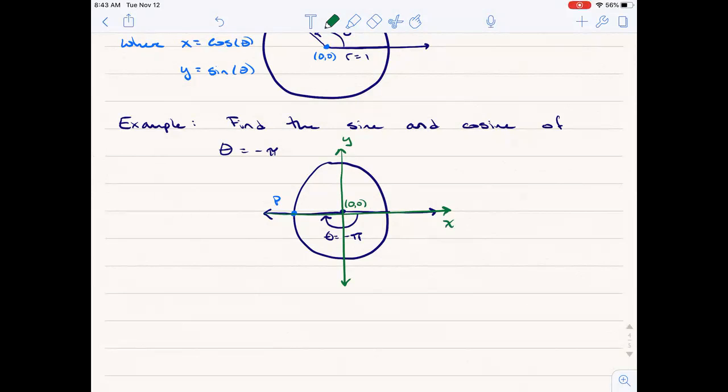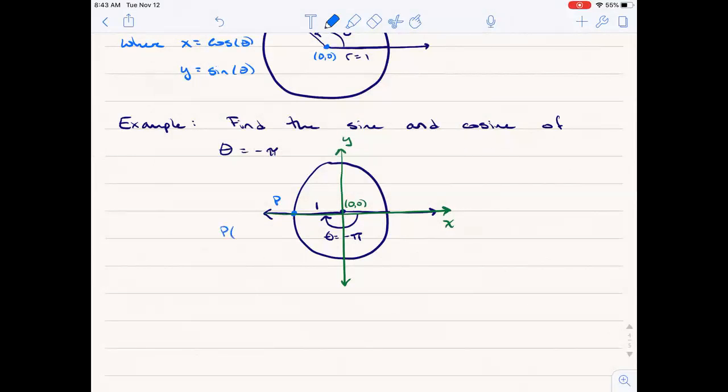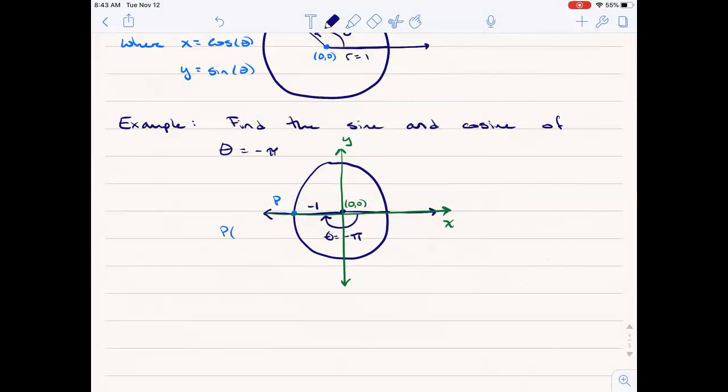We're always starting at the origin, 0, 0. And so if the radius is 1, because we're on the unit circle, then the x value must be 1. So P is at 1, oh, sorry, -1, because we moved in the negative direction. -1, 0, right? Because we've moved 0 distance on the y-axis. We're just on the x-axis.